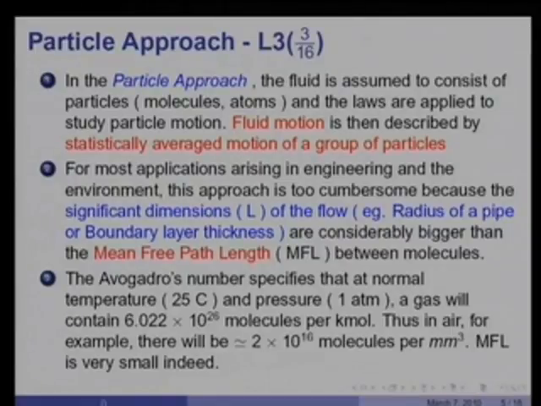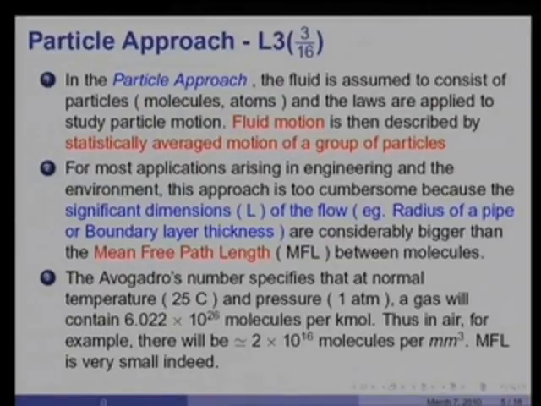For most engineering applications and also environmental applications, this approach is too cumbersome, simply because the significant dimensions of our flows, say a radius of a pipe, could be anywhere from say 5 millimeters to anything up to 2 meters diameter, or a boundary layer thickness.